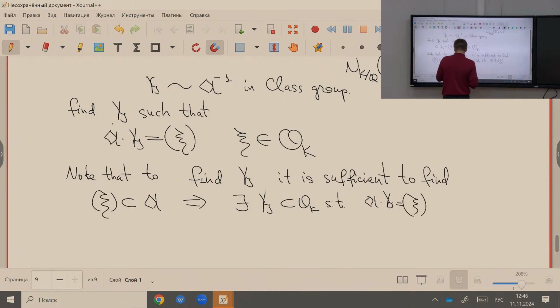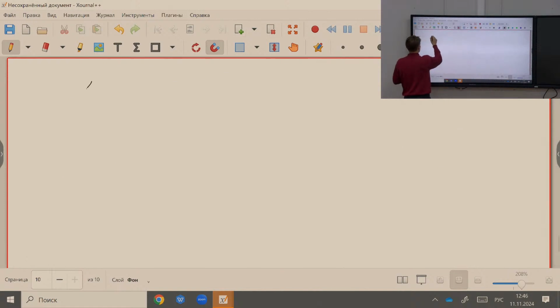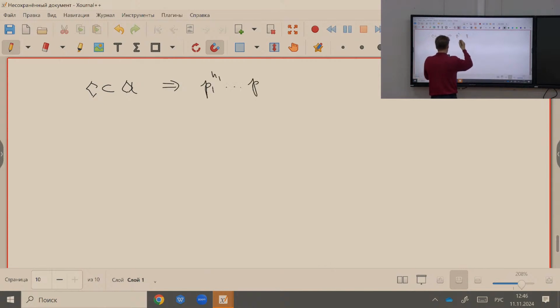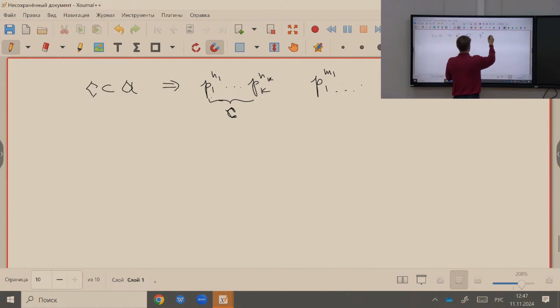This is the divisibility property that we have to use: if some ideal C is inside A, then if you write down the decomposition for C and the decomposition for A, you use the same collection of primes, possibly with different m's which are zero.